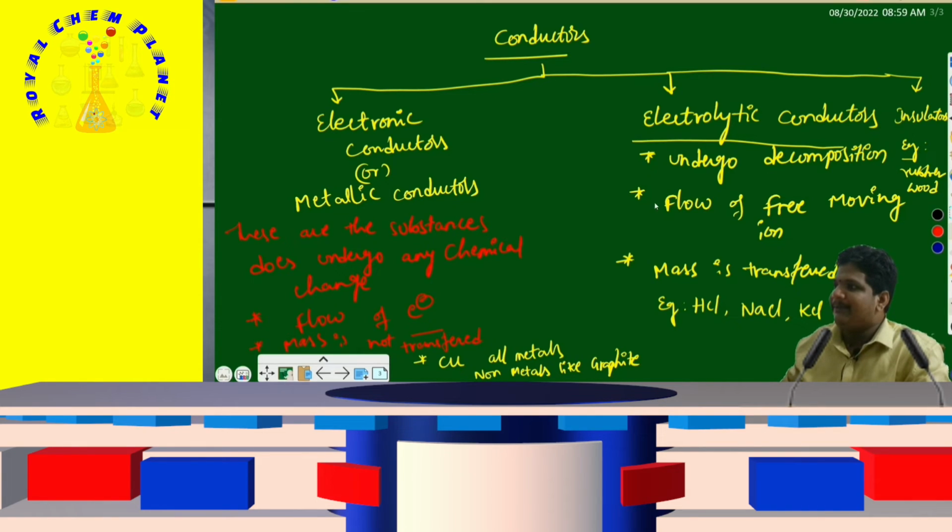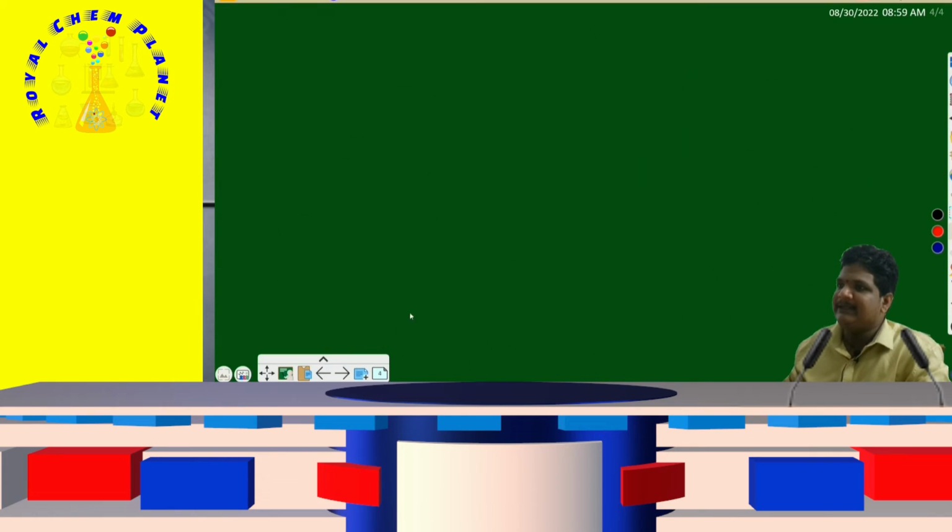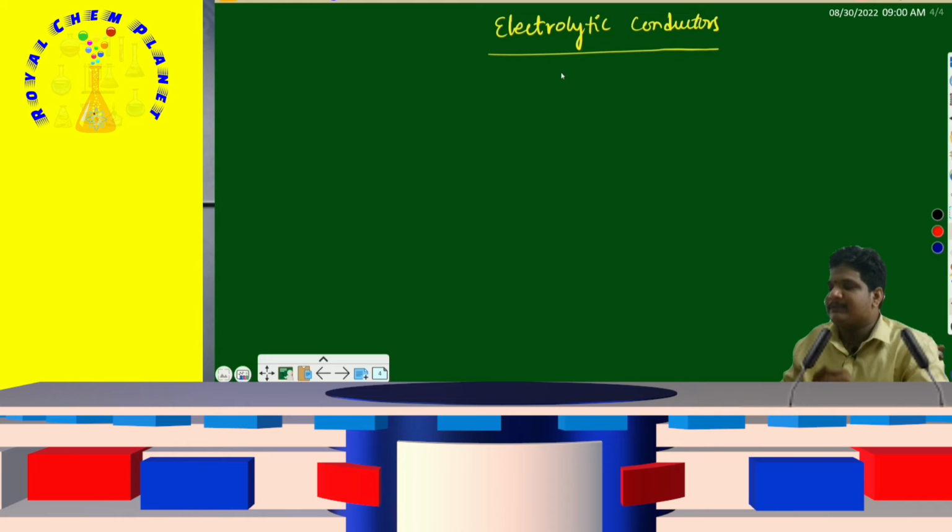Now, we are mainly dealing with electrolytic conductors. These are the substances which can undergo decomposition during the passage of electricity, where the electric current passes through the mobility of ions.